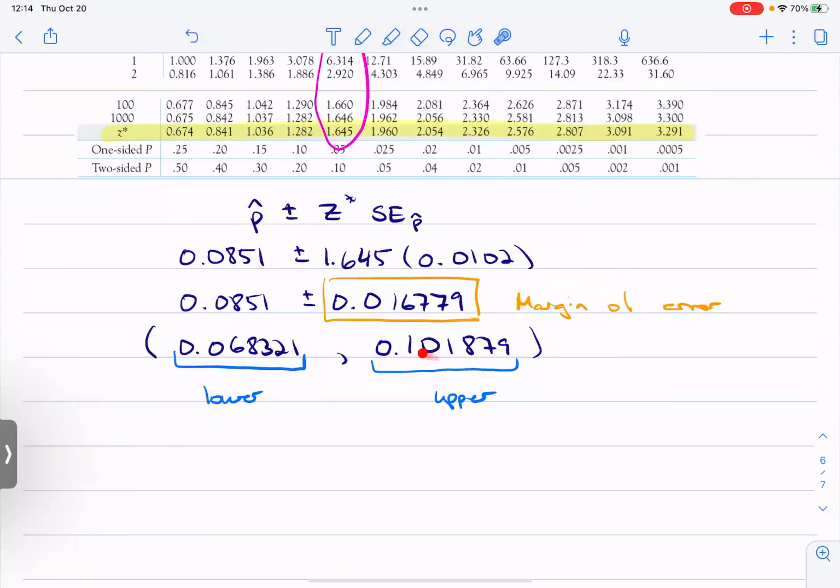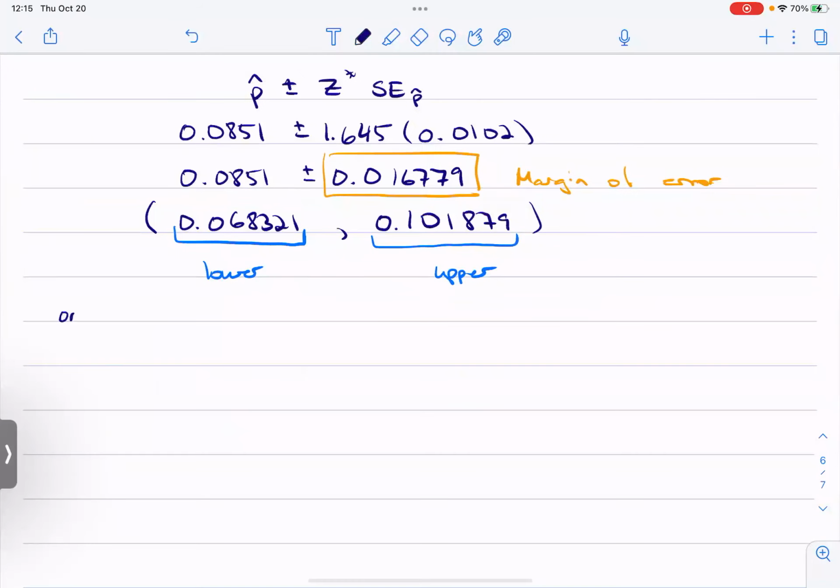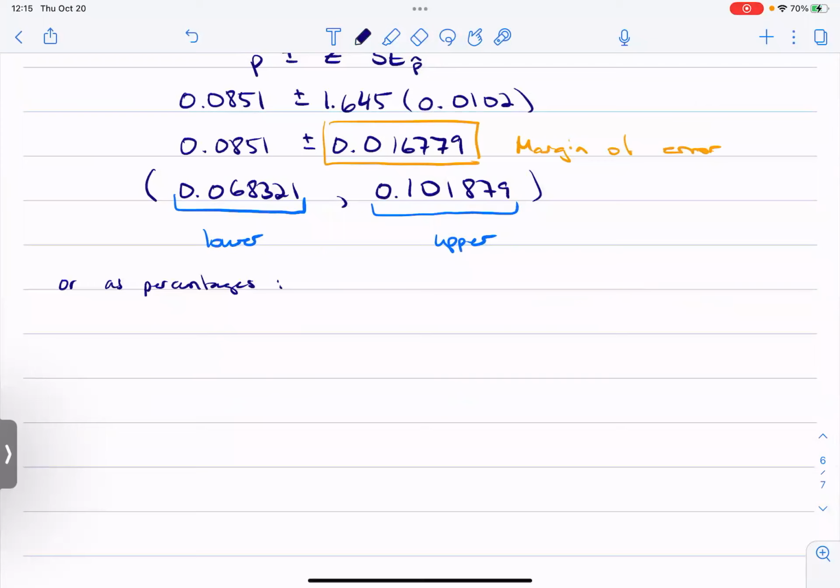So we can talk about it in terms of proportions, or if we want to talk about it in terms of percentages, we can, right? 6.8% and 10.2%, which is how we usually report proportions. 6.8% up to 10.2%.